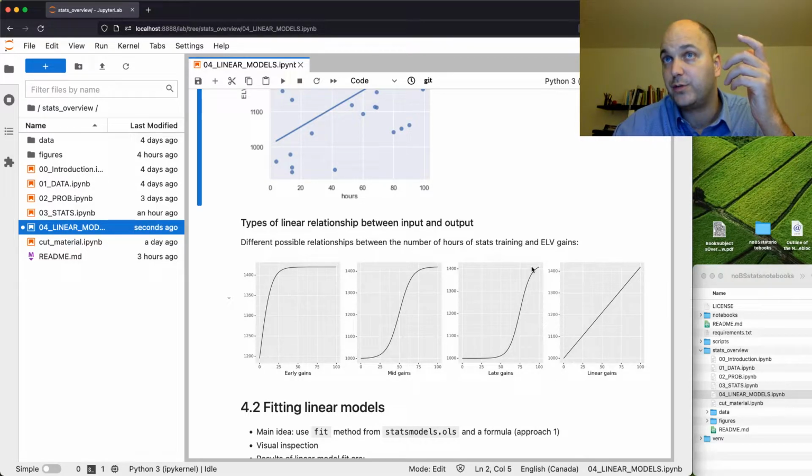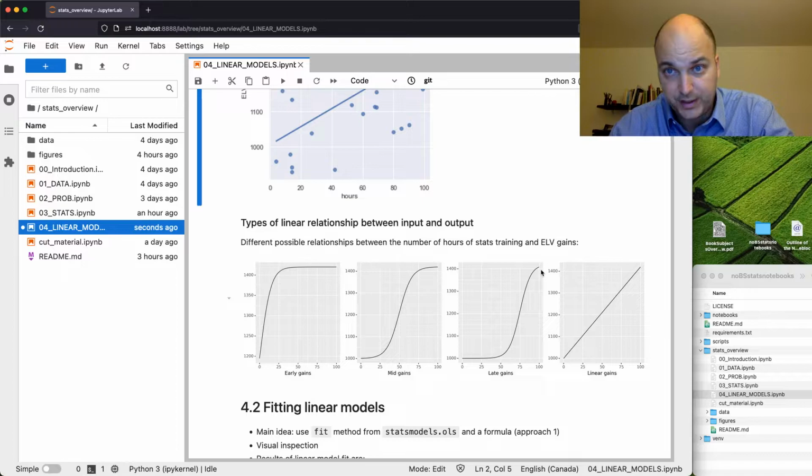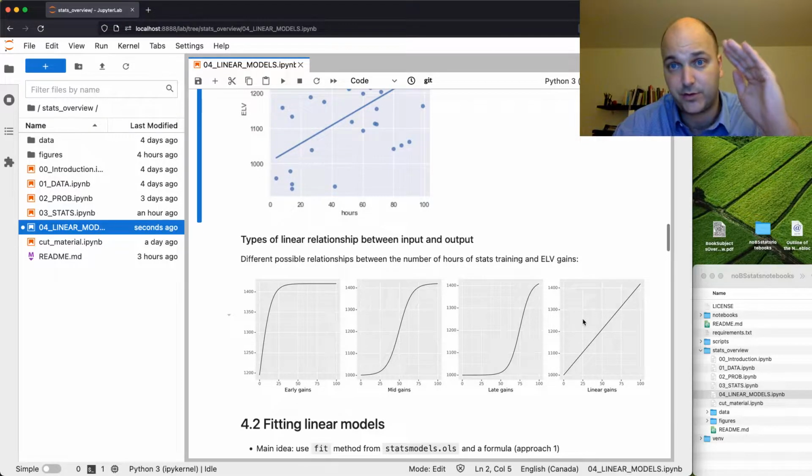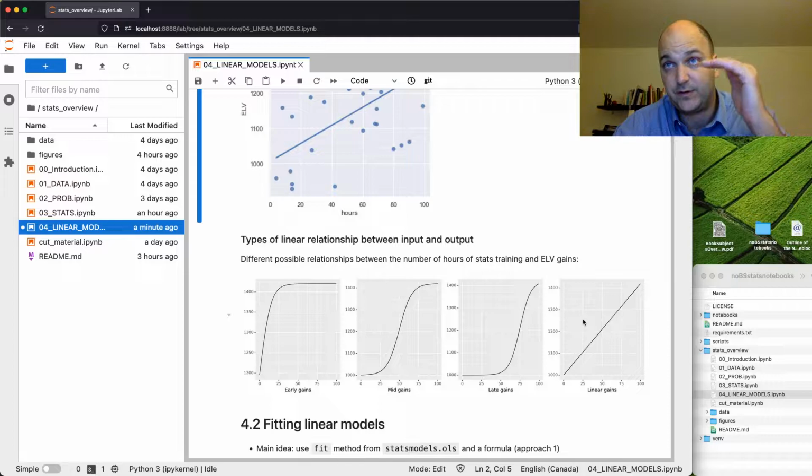Or it could be the opposite: there are no gains at all until 75 hours, and then suddenly all the gain is unlocked. These three are non-linear, and if the relationship between hours and gains is any of these types, it's not a good fit for the linear model. The linear model only works well if the relationship is linear.